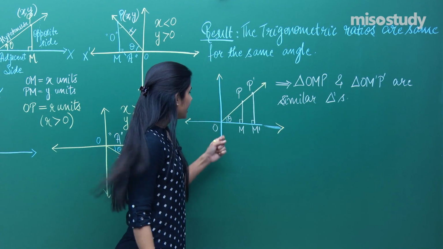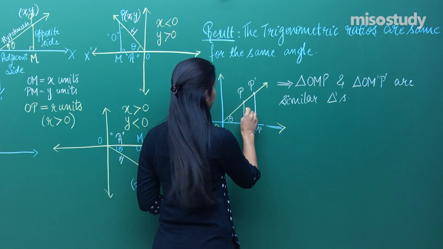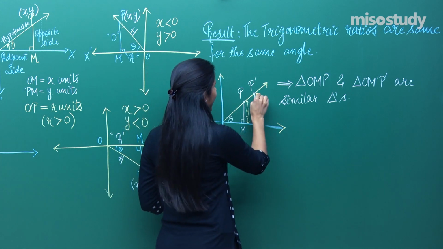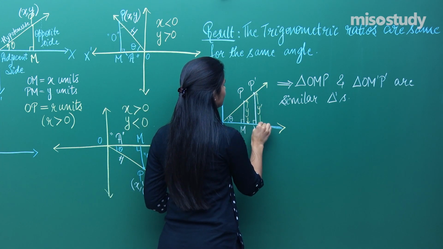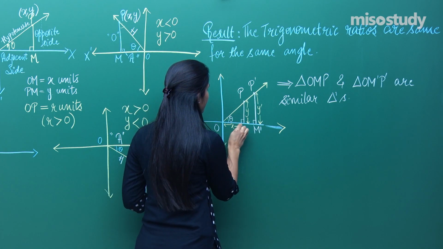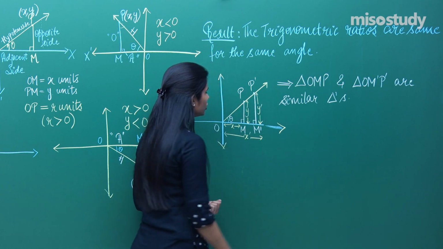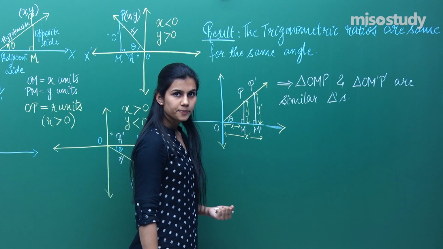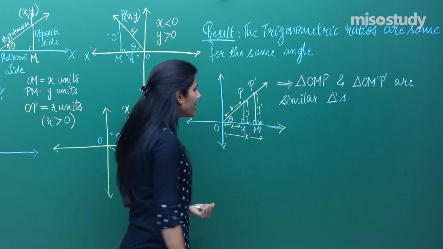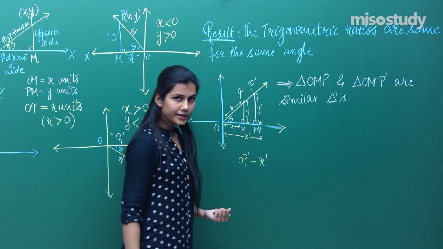And that is why if you just consider the length PM to be of length y and this P dash M dash to be of length y dash, suppose you consider OM to be of length x and OM dash to be of length x dash, then you consider OP to be of length r and say OP dash to be of length r dash.